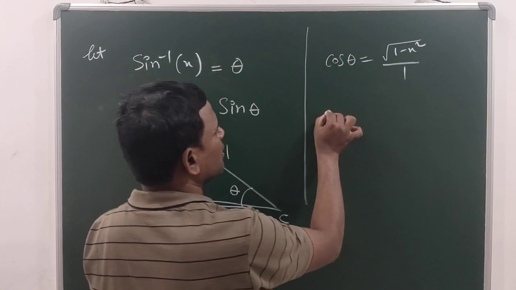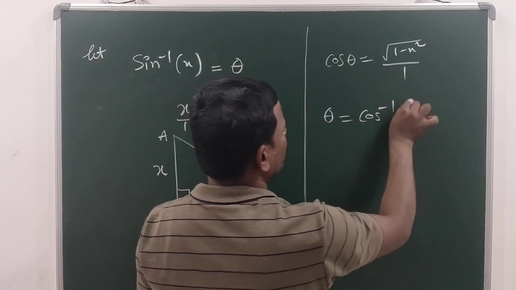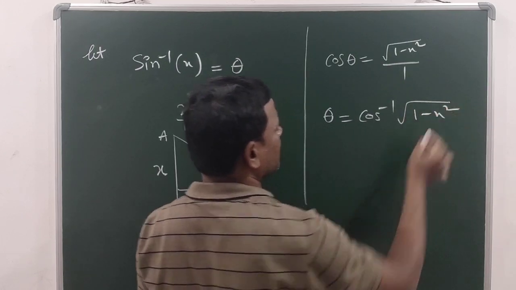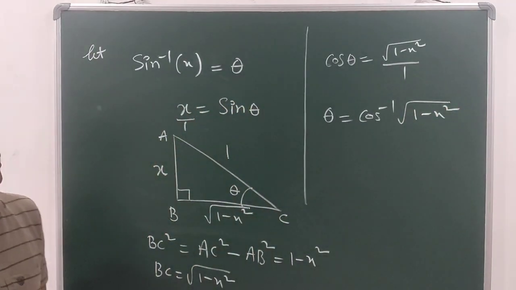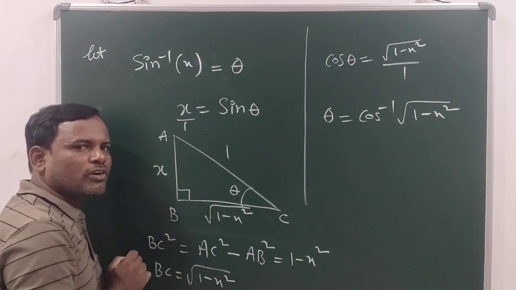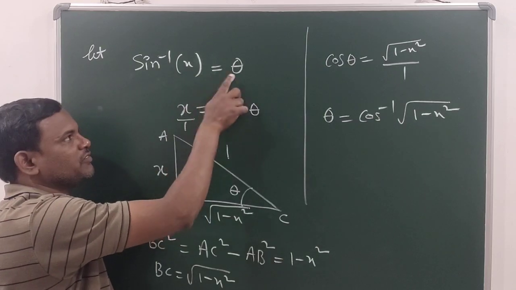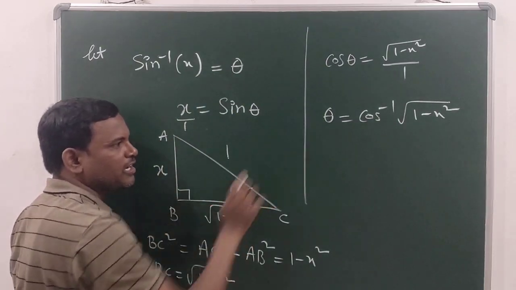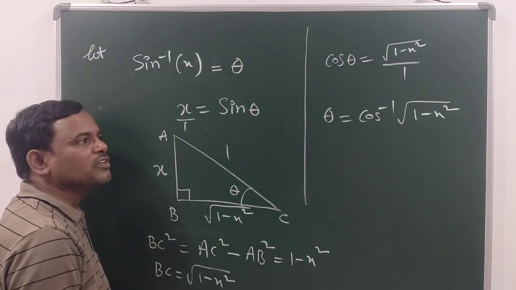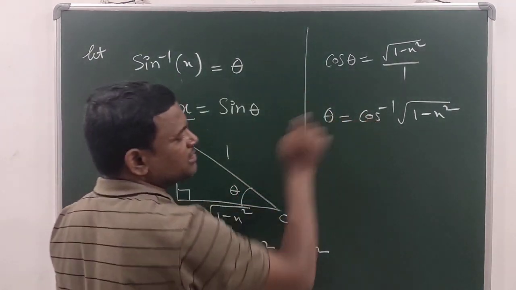When you transfer cos to the right side, you will get cos inverse of root of 1 minus x square. So students, see here, we assumed sin inverse of x equal to theta, then finally you got theta equal to cos inverse of root of 1 minus x square. So this is equivalent to this.